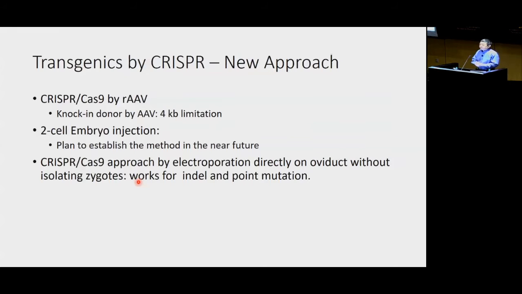So with that technology, is the recombinant adeno-associated virus injected, or does it just infect the embryo? How is that provided? I didn't talk about this. That's more technical detail. It's through infection and electroporation. So in that case, I don't need to do injection. But you inject the guide RNA?